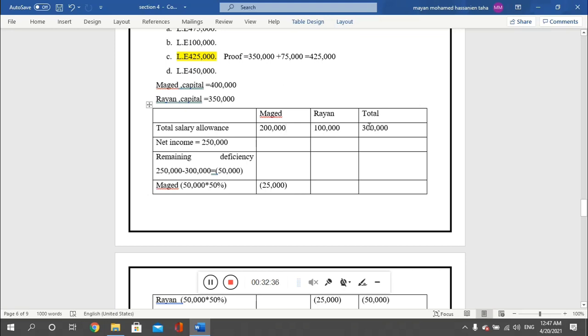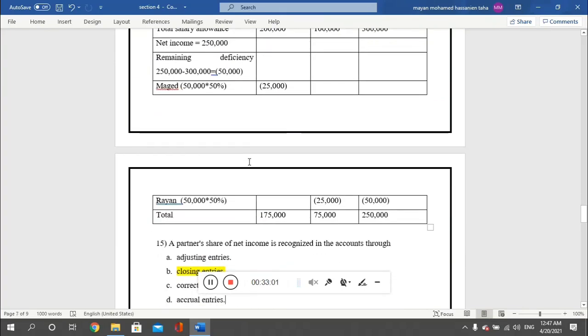So the total will be 300,000, and the net income is 250,000. So the total salary allowance is greater than the net income. So there is a loss of 50,000. This loss will be shared equally, so each partner will take 25,000.